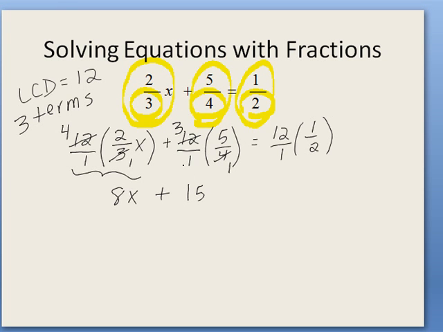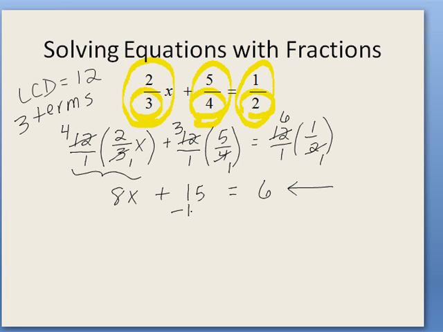Once again on the bottom I just have 1 times 1, so I don't need to worry about that one. Bring down your equal sign, cross cancel, 2 comes out of itself once, 2 comes out of 12 6 times, multiply 6 times 1, which is 6, and on the bottom you have 1 times 1, so that's just 1. So here's the great thing, no more fractions on this line. You have cleared them out, so that's great. You don't have to deal with them.